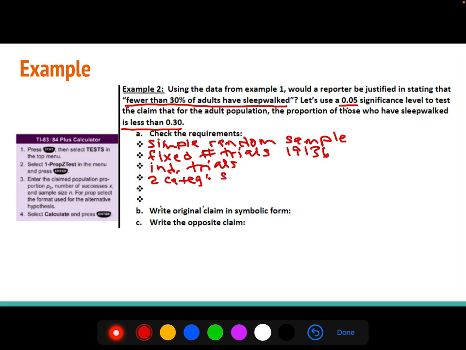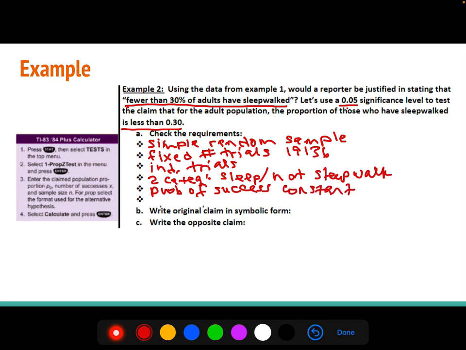There are 2 categories: either you sleepwalk or you don't sleepwalk. Okay? And is our probability constant? So the probability of success is constant, and we got that as 0.30.